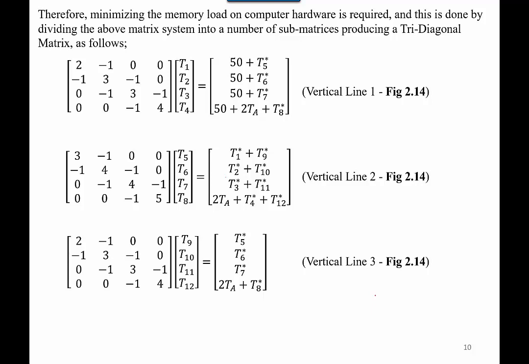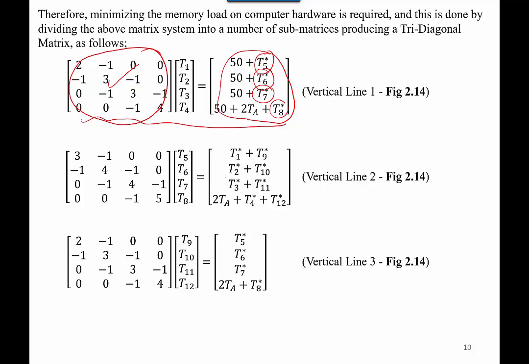Now let's discuss what the meaning of this star symbol is. In order to solve, say, submatrix number 1, the square matrix on the left side must hold numbers. The same thing goes for the right source vector, which has to be numbers instead of these T5 star, T7 star and T8 star symbols.